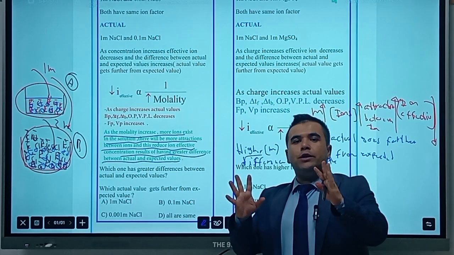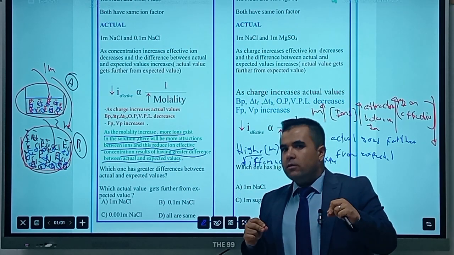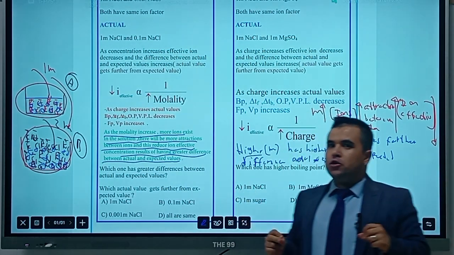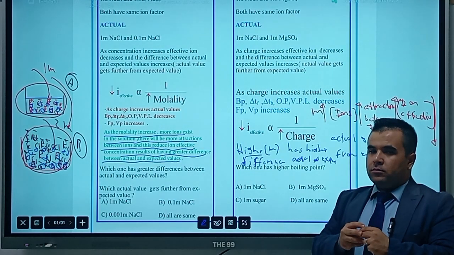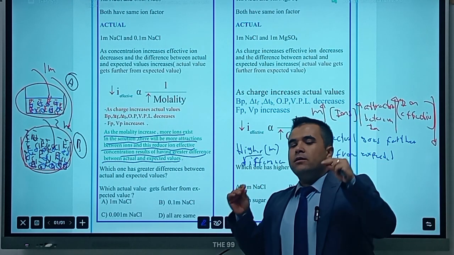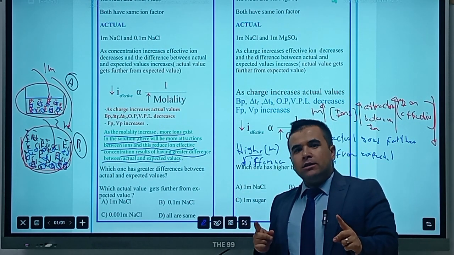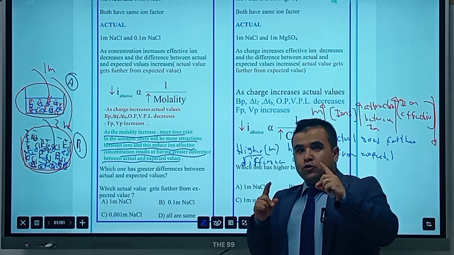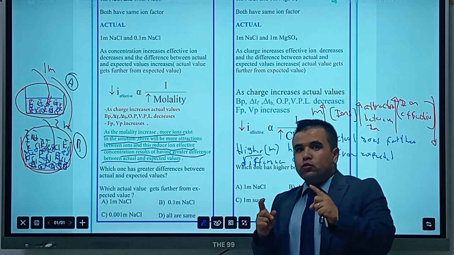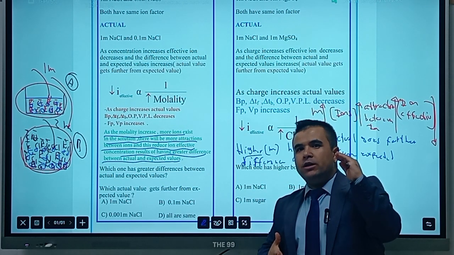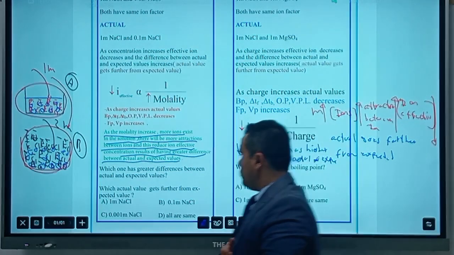So when the solute is the same electrolyte, the concentration can decide which one has a higher difference between actual and expected value.